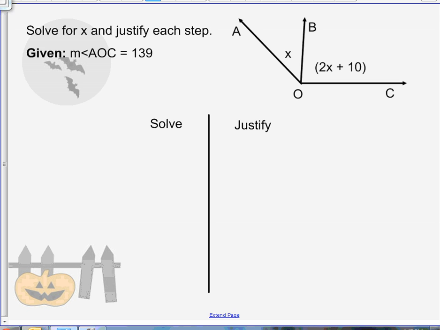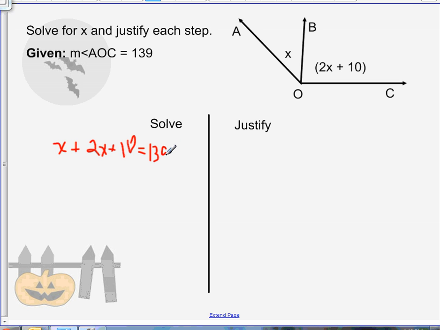Our first step is going to be to set both of these and add them together. So we have x plus 2x plus 10 equals 139.